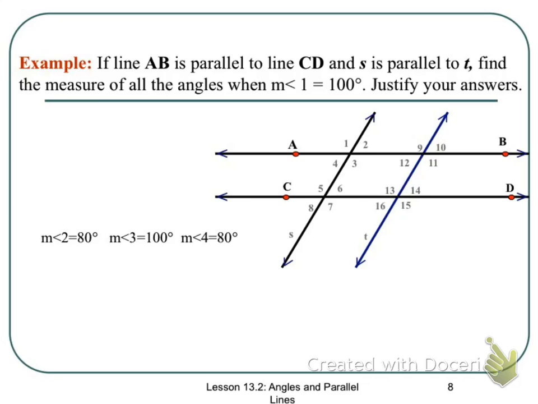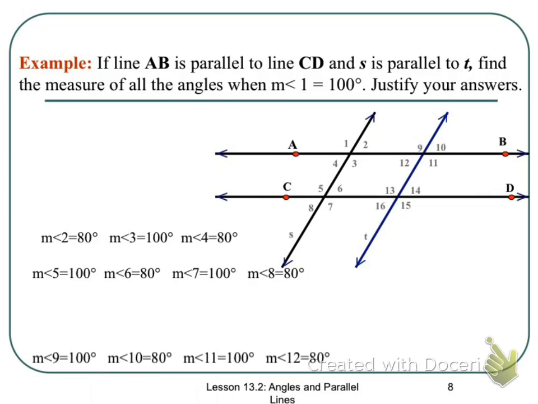The measure of angle 2 would be 80 because 100 plus 80 equals 180. Angle 3 is vertical to 1, therefore it's 100, and angle 4 is vertical to 2, so therefore it is 80. Angle 5 corresponds to 1 and is equal to 100 degrees, which makes 6 corresponding to 2 and 80 degrees. 7 is vertical to 5 and 8 is vertical to 6.